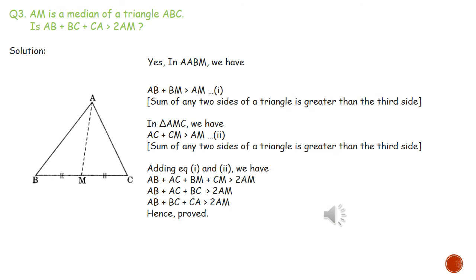We are adding first all the left hand side and we are adding all the right hand side. So AB plus AC plus BM plus CM is greater than AM plus AM. If we add BM plus MC, we are getting BC. So AB plus AC plus BC must be greater than 2AM. So AB plus BC plus CA is greater than 2AM. It is proved.